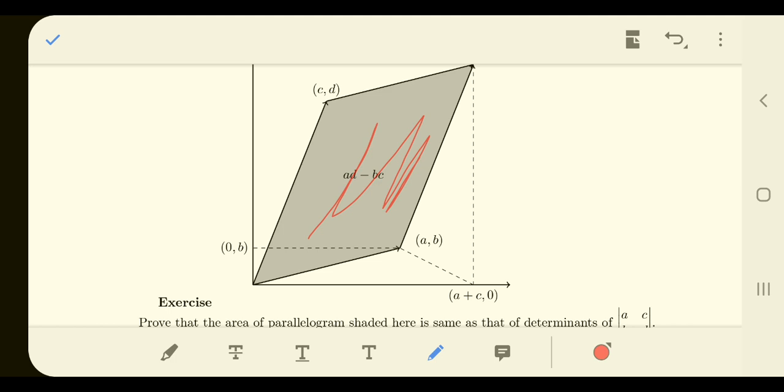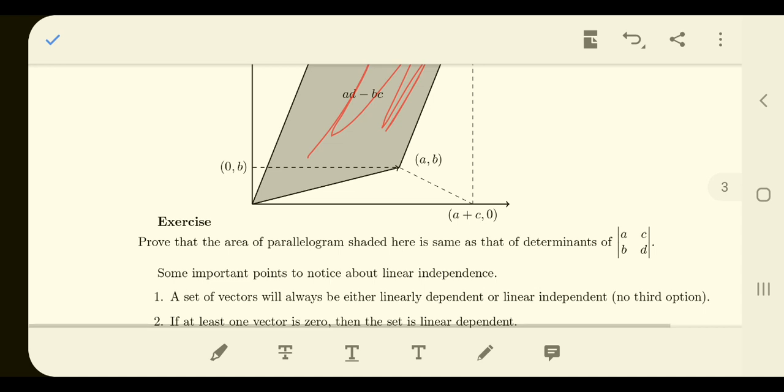They are parallel, they are collinear, they are in the same direction. While if they are linearly independent, they are in different directions, and because of that there is some area that you can confine.